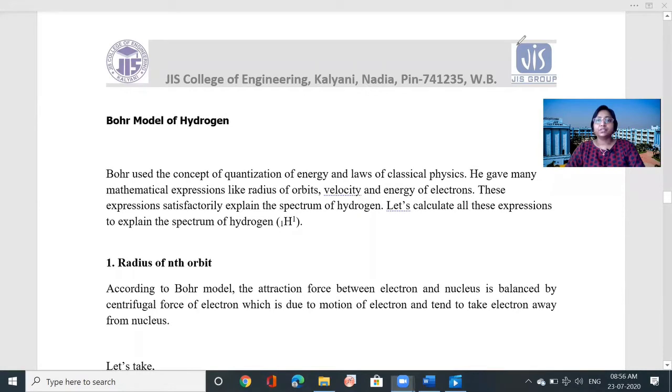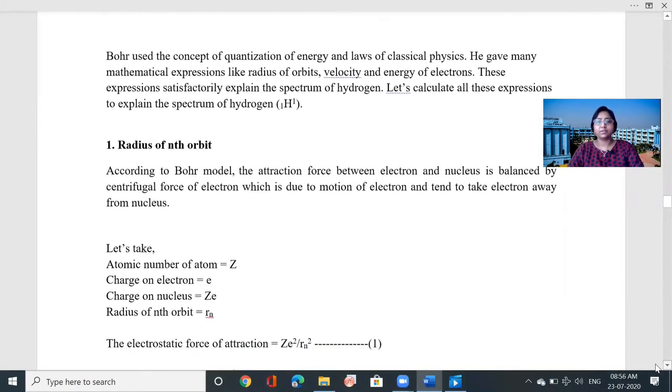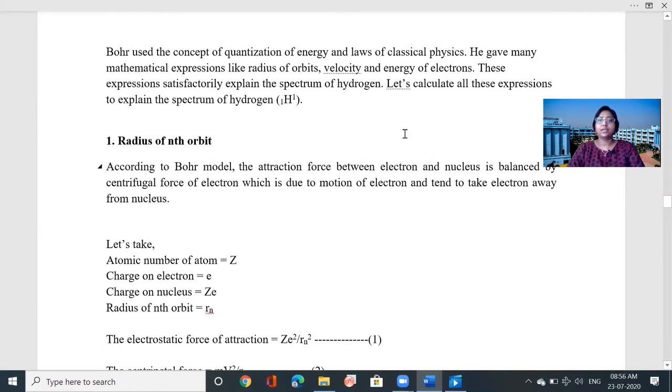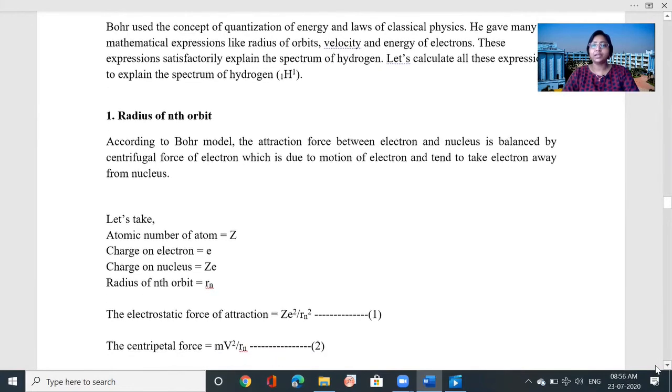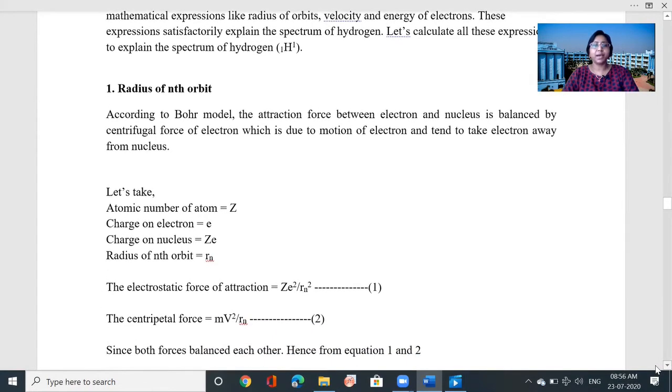First is the radius of the nth orbit. According to Bohr's model, the attraction force between electron and nucleus is balanced by the centrifugal force of the electron, which is due to the motion of the electron and tends to take the electron away from the nucleus.